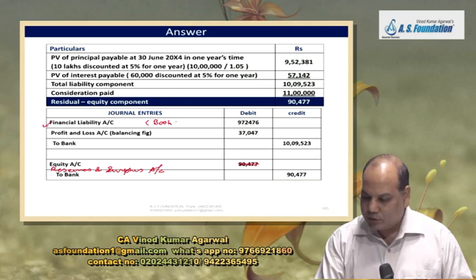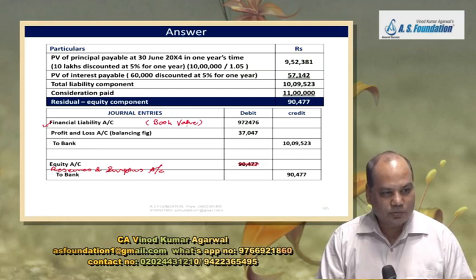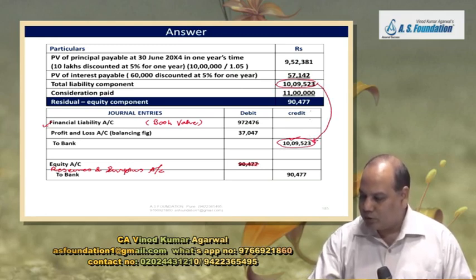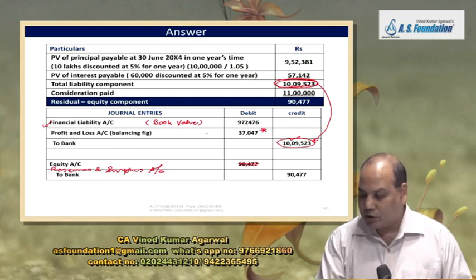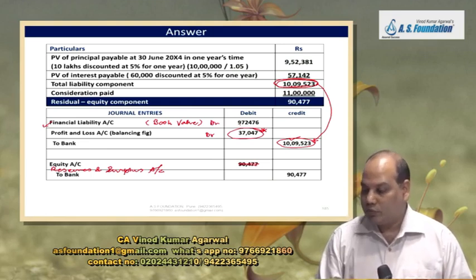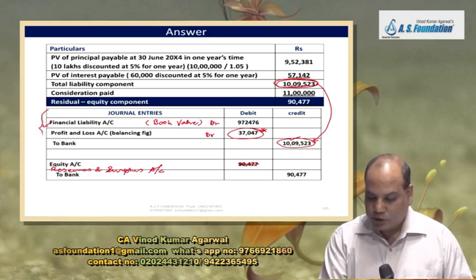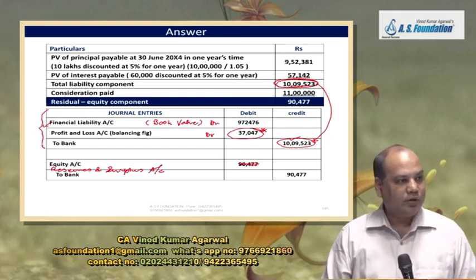This you will find in the question itself, book value. So that account will close. Payment made towards liabilities 10,09,523. This figure you will take from here. Whatever you will write in your notebook, you will take it from here. And the balancing figure, profit and loss account debit, 37,047. You should be able to solve this complicated problem, right?